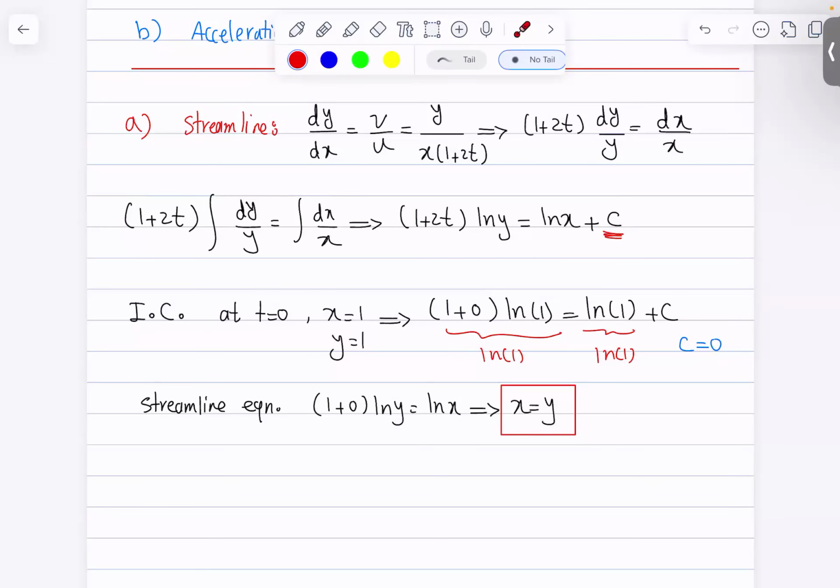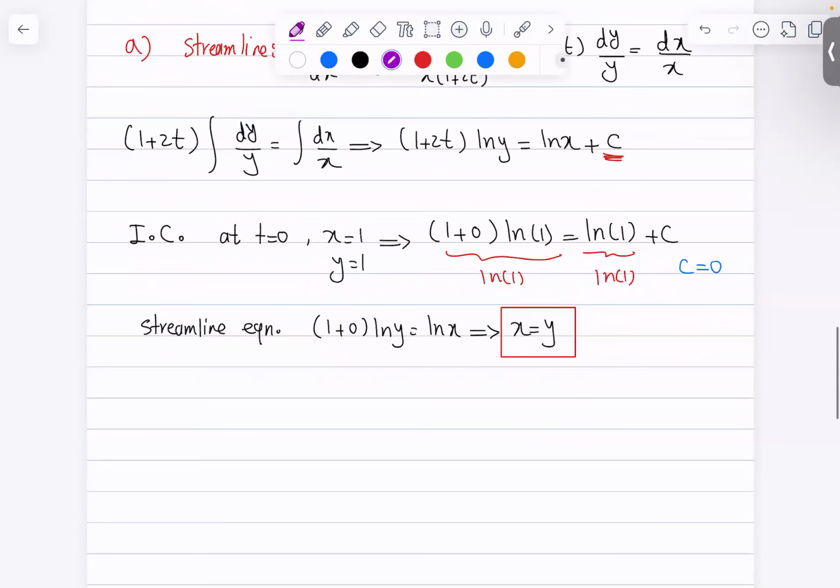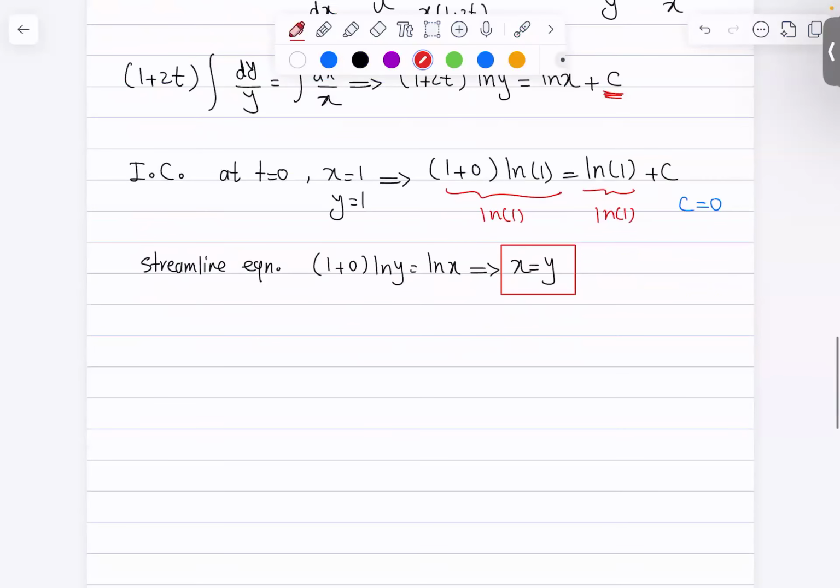Geometrically, if you can visualize this, if this is the origin here, then the streamline is just this line of x equals y. All right, so that is part 1 of part A, finding the streamline.